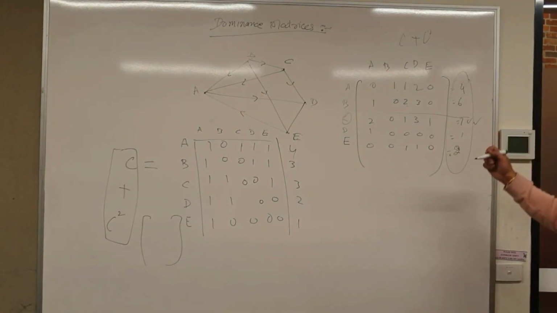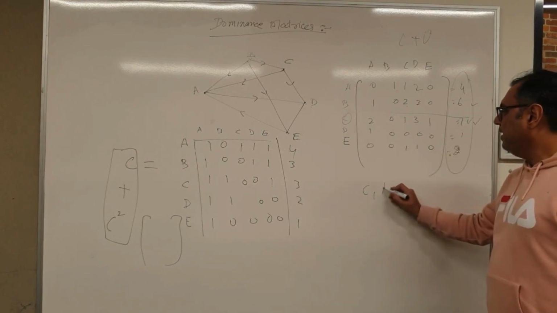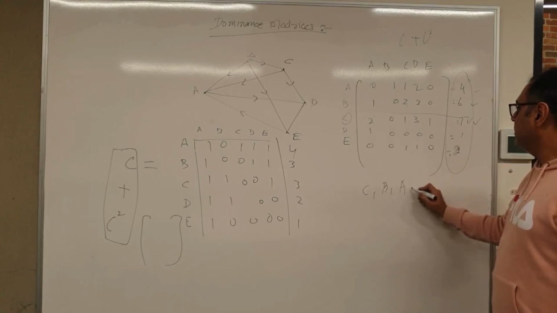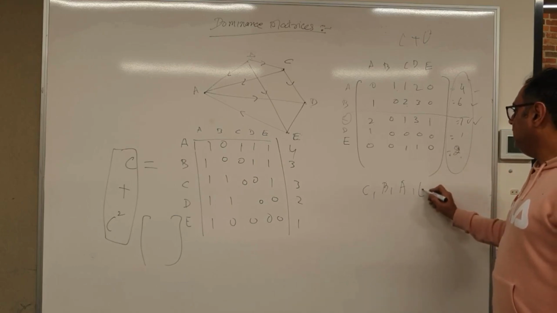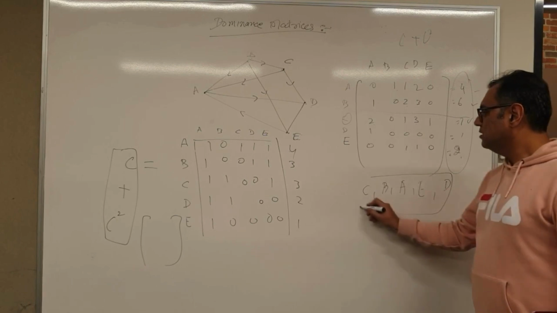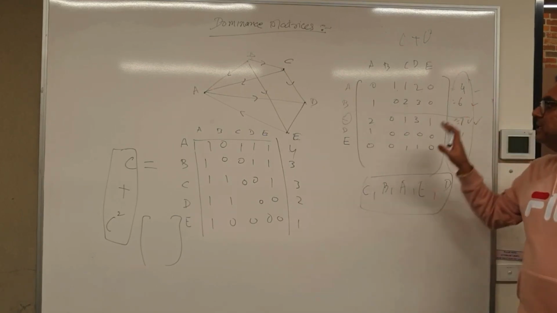And then you can rearrange. So C was the most dominant, then B, then A, then E, and then D. So that's the outcome of the competition. We call these dominance matrices.